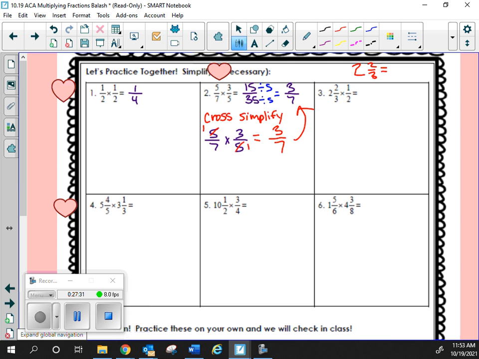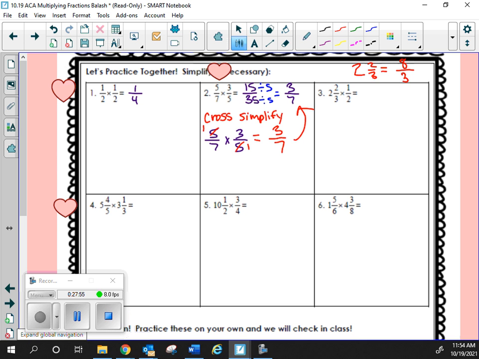Lucy, what did you get? I disagree. You forgot to add. You did the times, so you need to add. So what's that going to make it? 8. It's going to make it 8/3.